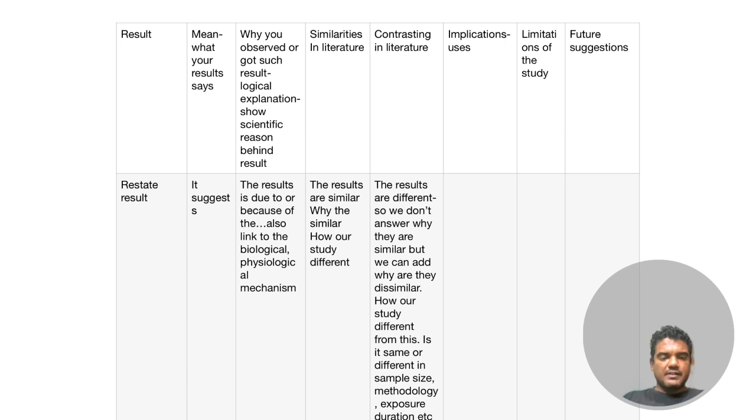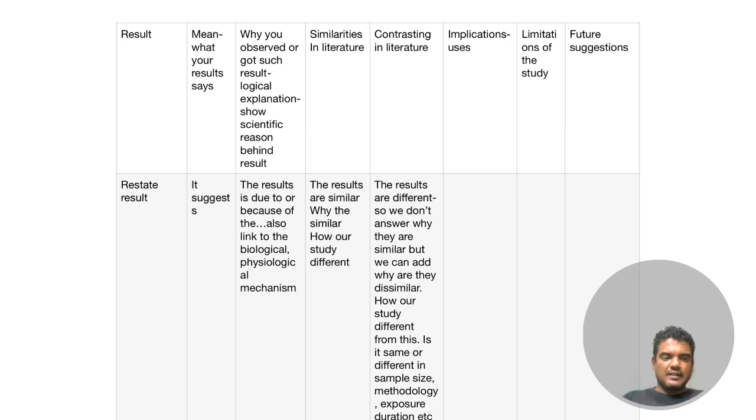So we have to write that, because, as I said, citing literature for supporting our results is very important. After that, implications means uses. In that particular broad area, that particular field, how is it going to have its impact? Implications means nothing but impact, and that is very important. So we can say these results highlight that this particular drug will be very useful for anti-cancer therapy in the particular cancer type.